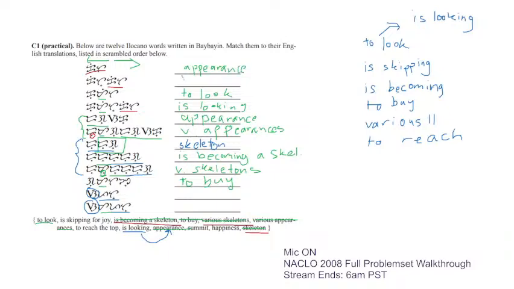And then this is various appearances. This makes a little more sense to me, so we're gonna go with that. Okay, let's erase this portion.